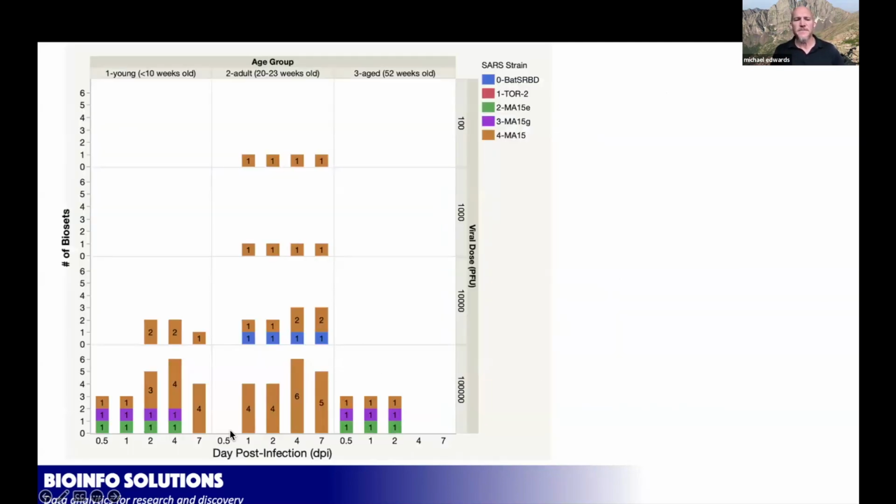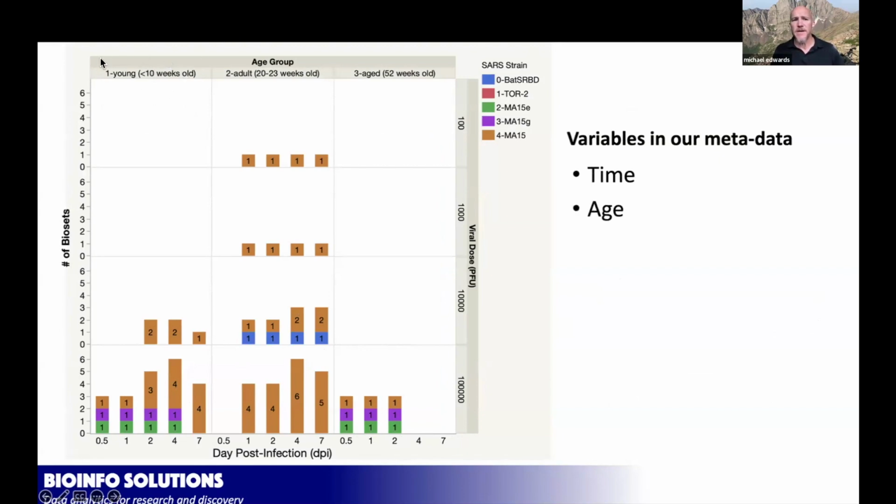In our study, these are the biosets that we have. Again, remember there are 74 biosets, and the numbers are given here. We have time, days post-infection, with 5 time points: half a day, 1 day, 2 days, 4 days, and 7 days after infection. We also have age.